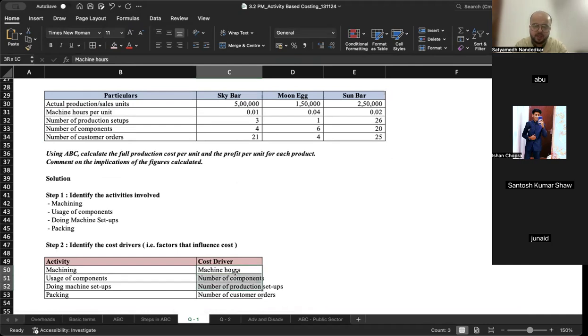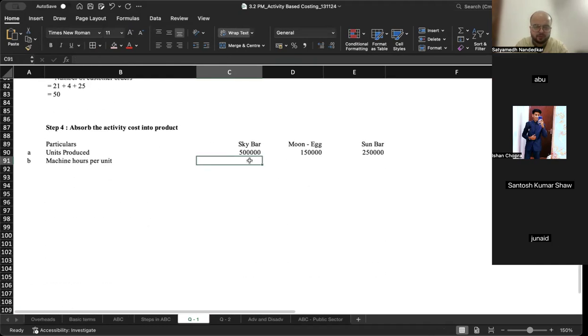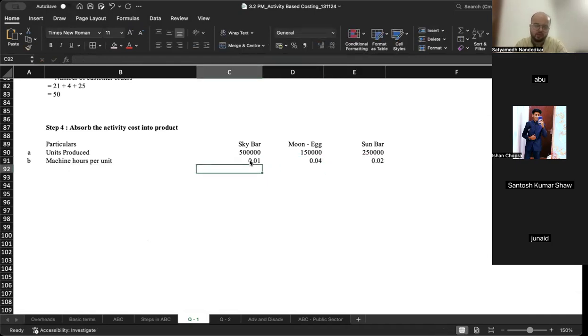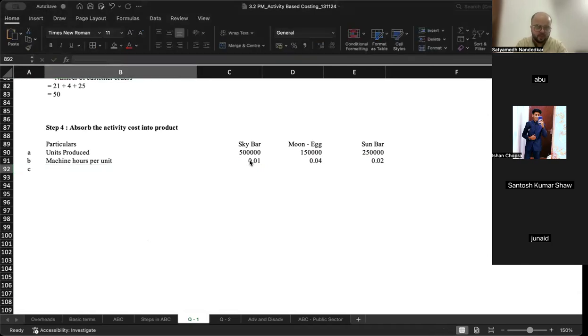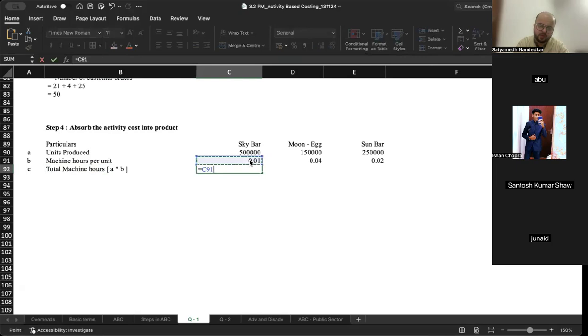Machine hours per unit is given to you: 0.01, 0.04, 0.02. Now I'll get total machine hours, which will be A units produced into B machine hours per unit. 5 lakh into 0.01.